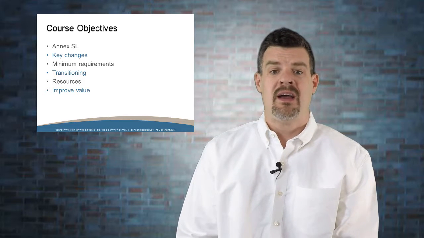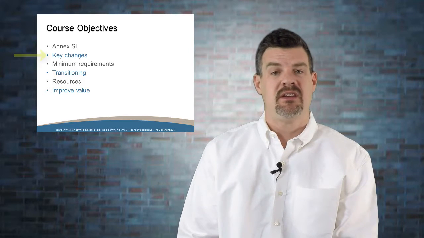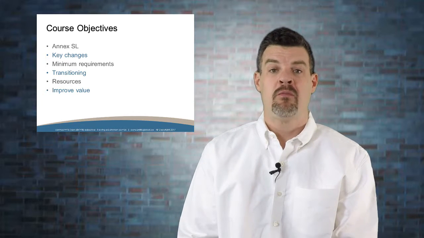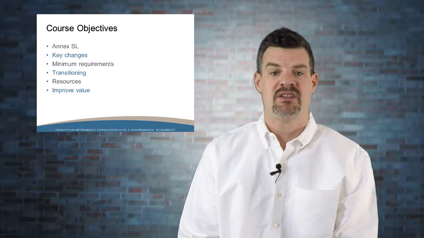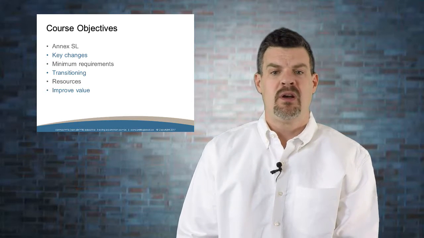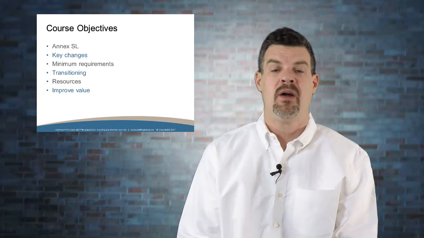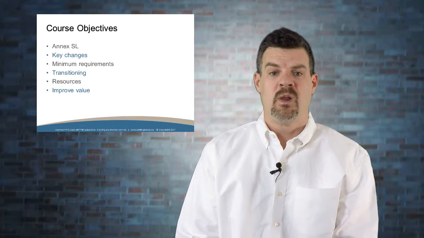We'll look at highlights and key changes in the standards. We'll review minimum requirements to help get you through that first upgrade or transition audit. We'll look at requirements for transitioning to the new standard, including key timelines that you need to be aware of. We'll look at resources to help your transition.